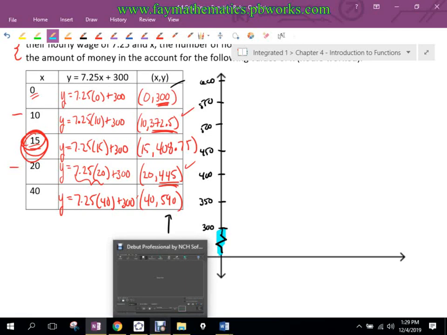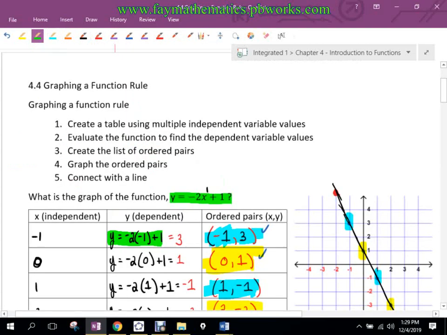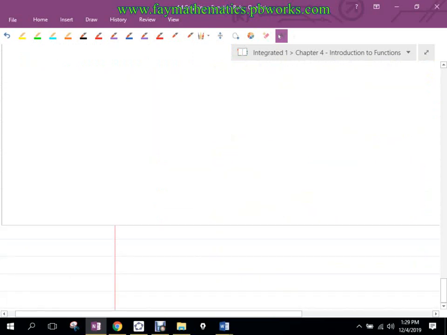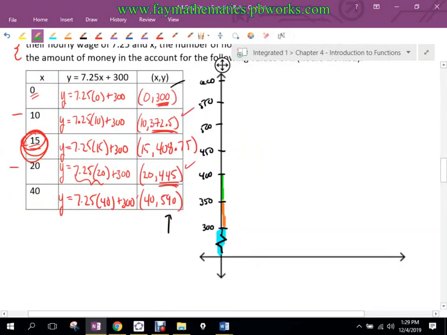What they're trying to show you here is that if I look at that blue distance, would you agree that it's the same size as that orange, which is the same size as that green, which is the same size as that blue? Would you guys agree that those intervals there are the same length?